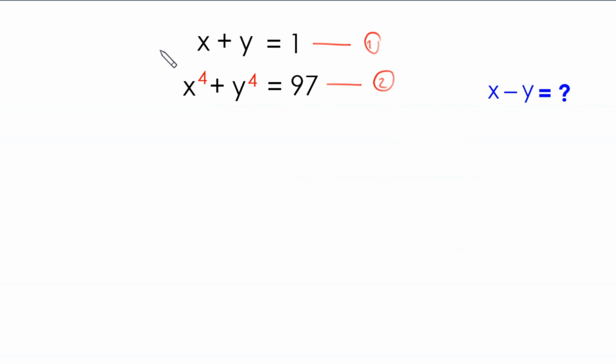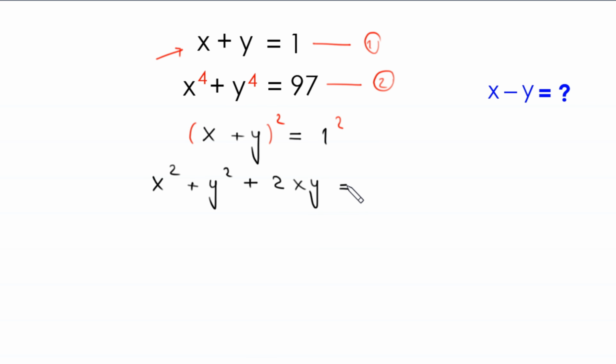First we start from equation number 1. Equation 1 is x plus y is equal to 1. We square both sides of this equation. This x plus y whole squared will become x squared plus y squared plus 2xy is equal to 1 squared, which is 1.